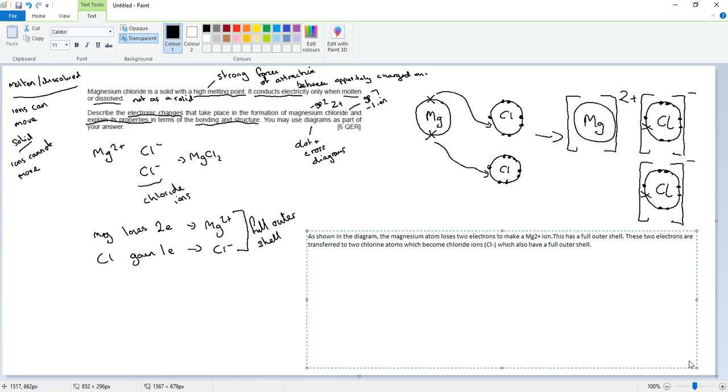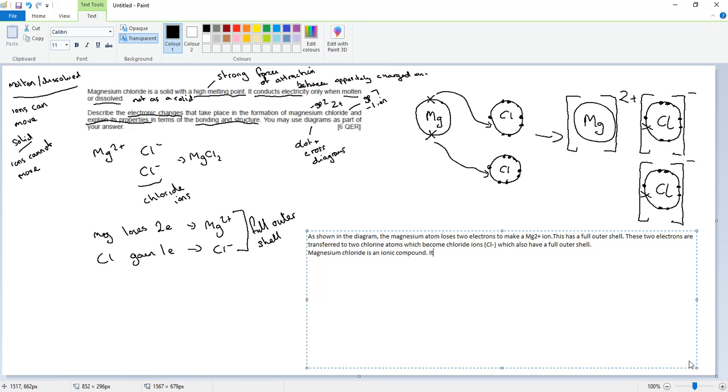Now we need to do the explaining properties. So let's describe the high melting point first. So magnesium chloride is an ionic compound.